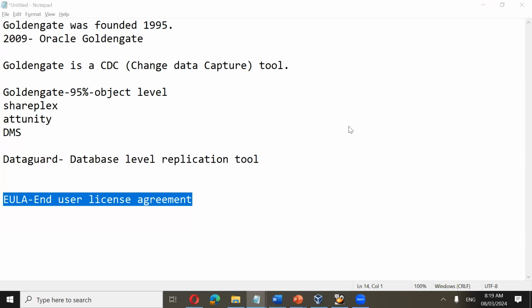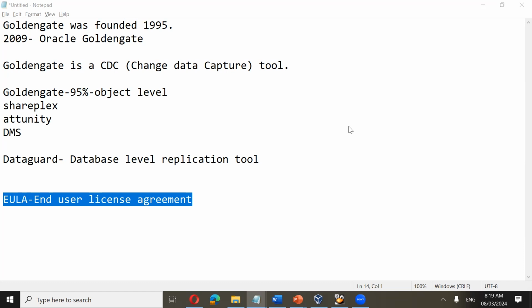And because of the requirement Oracle Golden Gate can fulfill, the value addition it can bring to an organization is pretty immense. So they use Golden Gate in any number of environments.